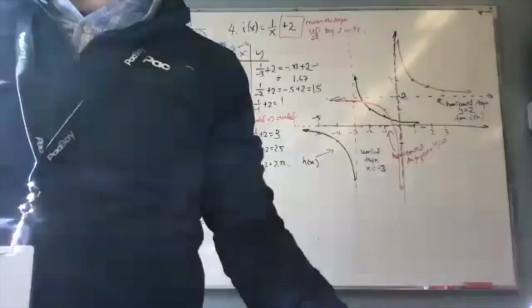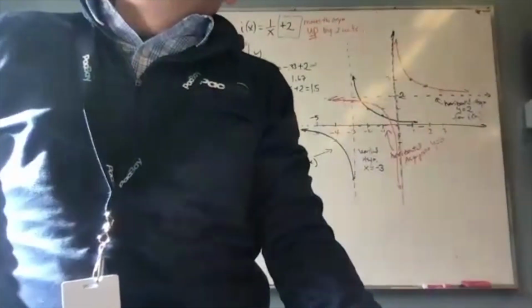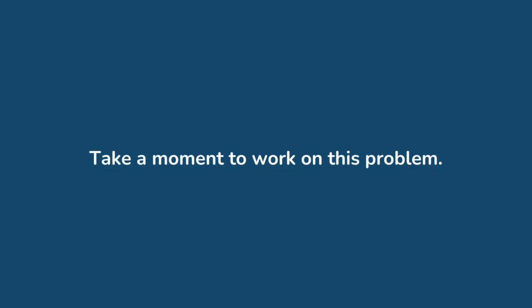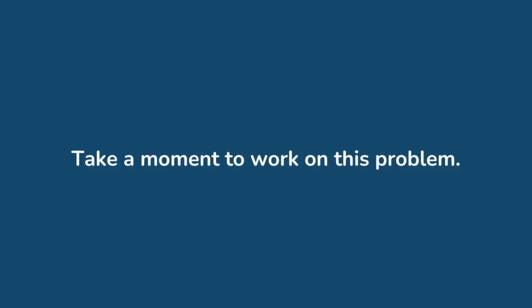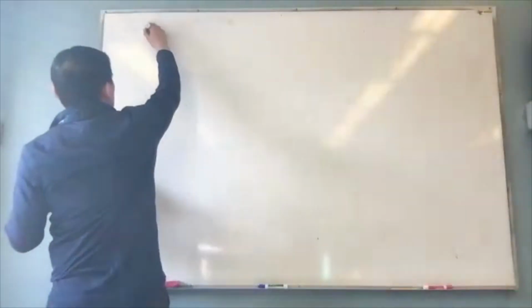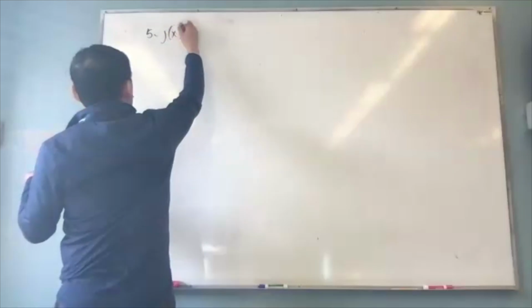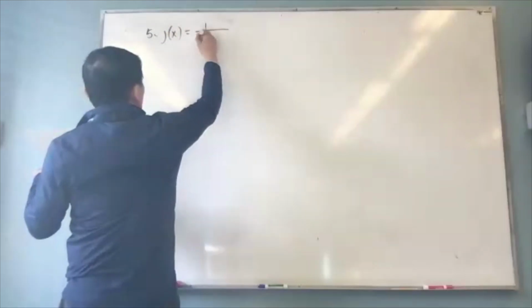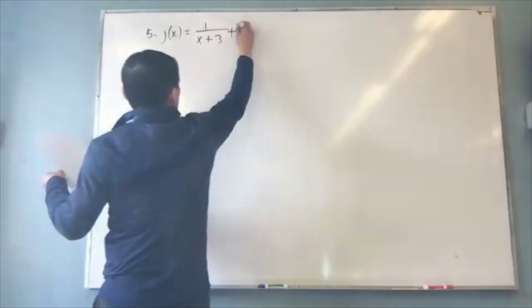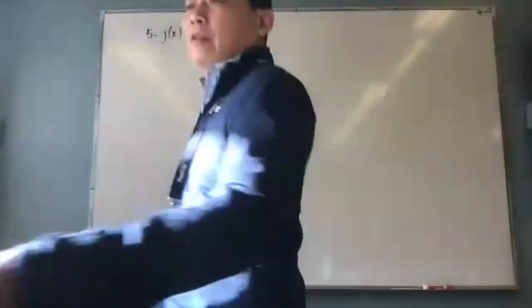So, number 5. Take a look at number 5. J of x is equal to 1 over x plus 3. Okay, look at over here.